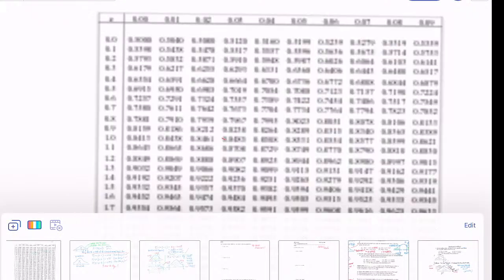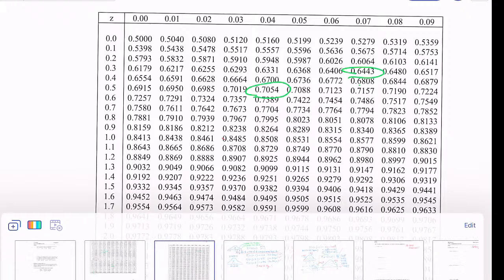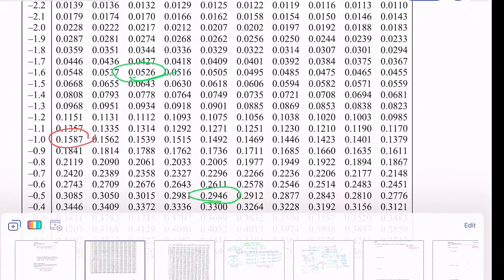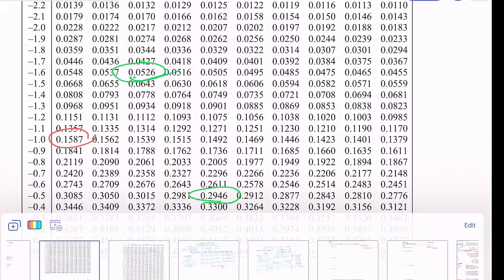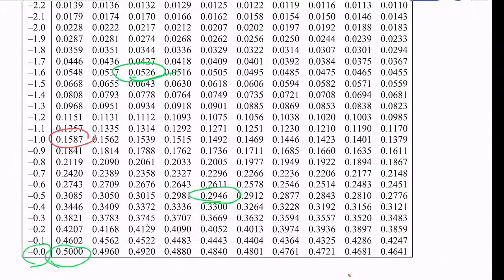And I look on the negative table because, well, actually, where was I? 0.4364 is on the negative table, right? Because it's less than 50%. So looking for 0.4364 is exactly negative 0.1 and 6.